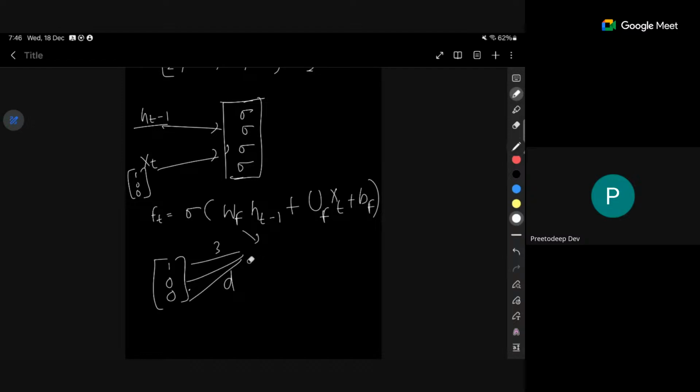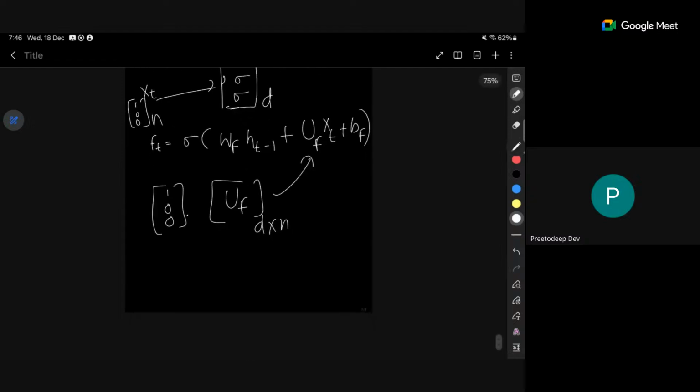So the dimension of UF is, what is it? D and N, right? D rows, and this is coming in as N. So D rows and N columns like this. So this will be the dimension of UF.